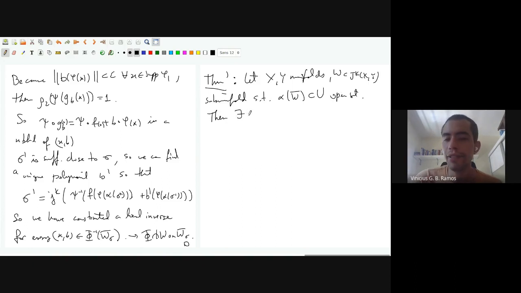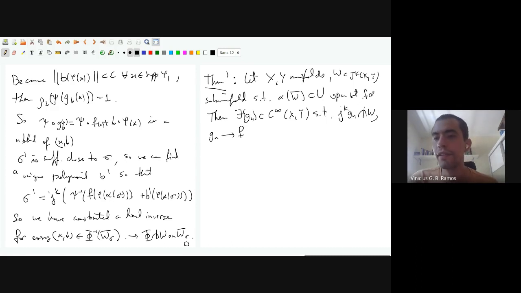Then I can choose a sequence of functions G_n in this infinity space, such that the kth jet of G_n is transverse to W, such that G_n converges to F. Oh, and I have to fix a smooth function.